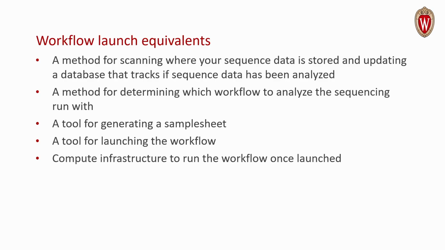You could use something like test IDs that you would store in a laboratory information management system. You need a tool for generating your sample sheet if you're using Nextflow. You need a tool for launching the workflow once the sample sheet has been made, and you need the computing infrastructure to run the workflow on once it's been launched.